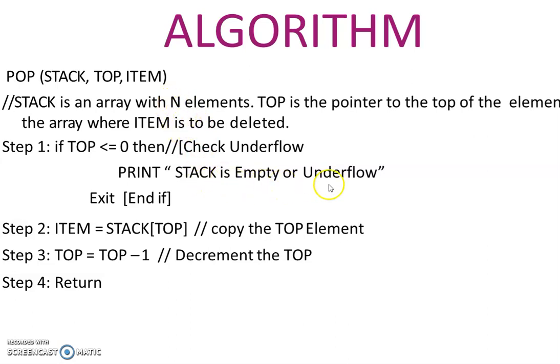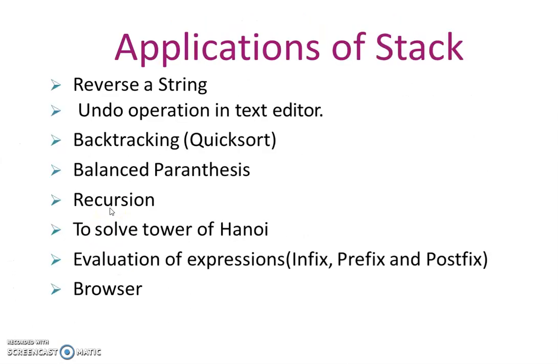We are concerned only with the underflow, where we check whether top is less than or equal to 0. If so, we print stack is empty or underflow, and if not, we remove the element present at the top of the stack and store it in the variable item. And top is naturally decremented, and this is also a recursive procedure.